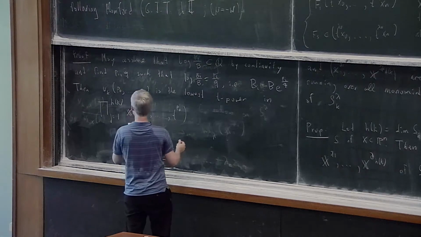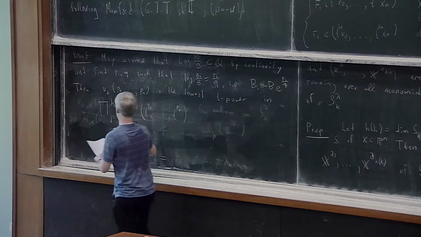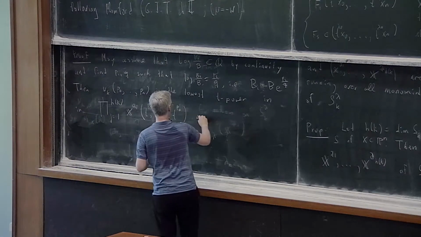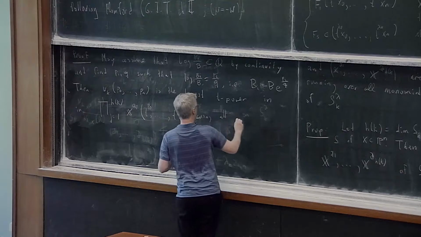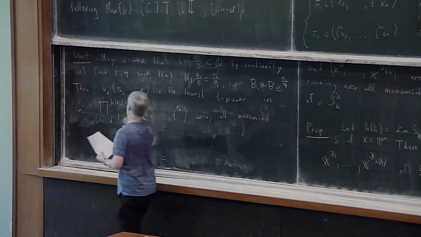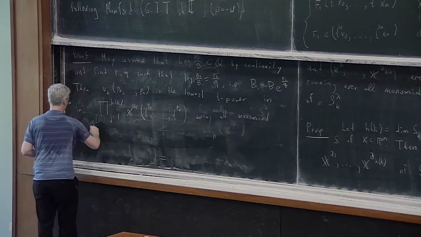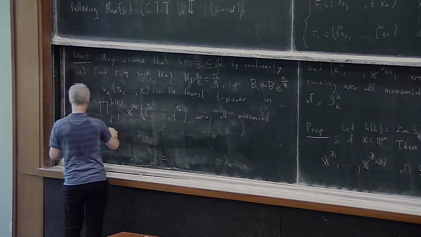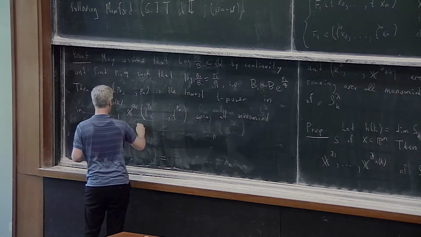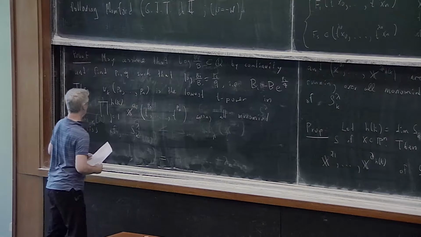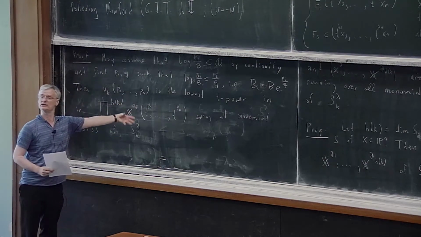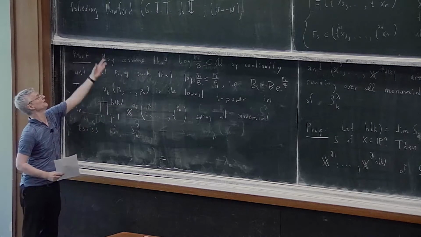This is the lowest T power in this expression among all monomial bases, more or less by definition, of S_k lambda. You can say that it's just a redefinition, a reinterpretation of the definition I just gave.